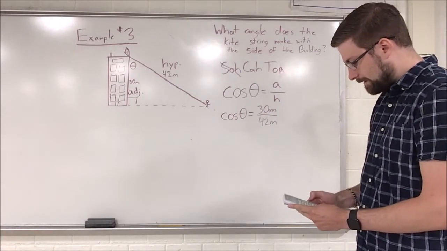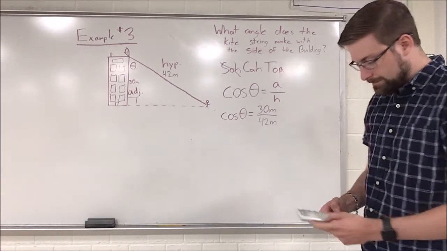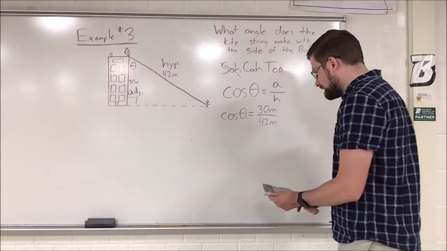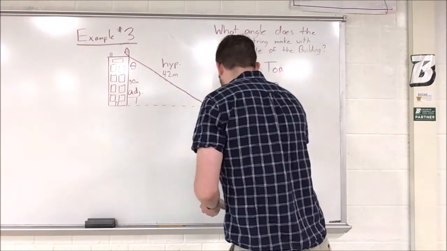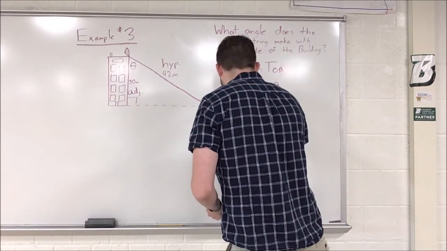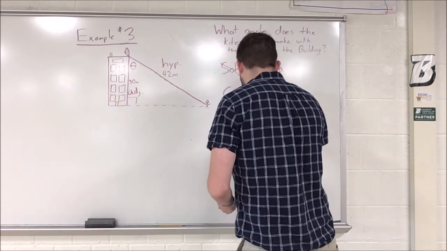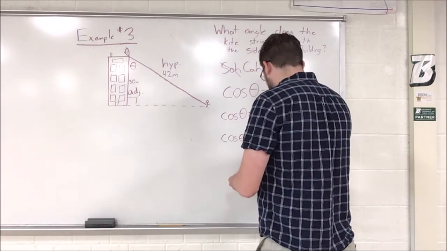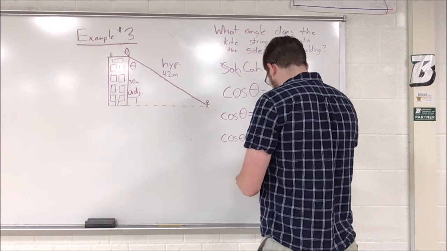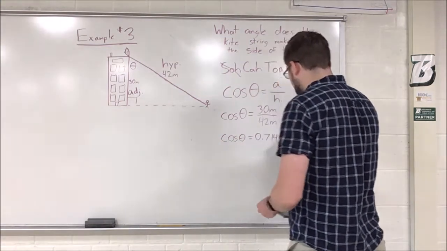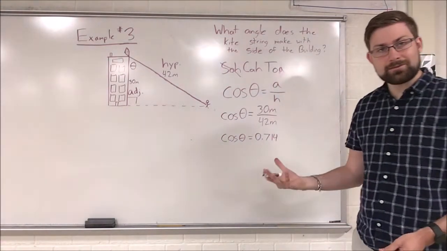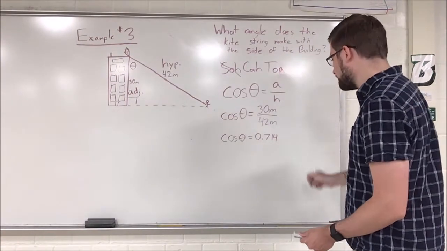So I'm going to divide 30 by 42, and rewrite the equation: cosine of theta is equal to 0.714. There are more numbers after that, but I'm going to round it to 0.714.